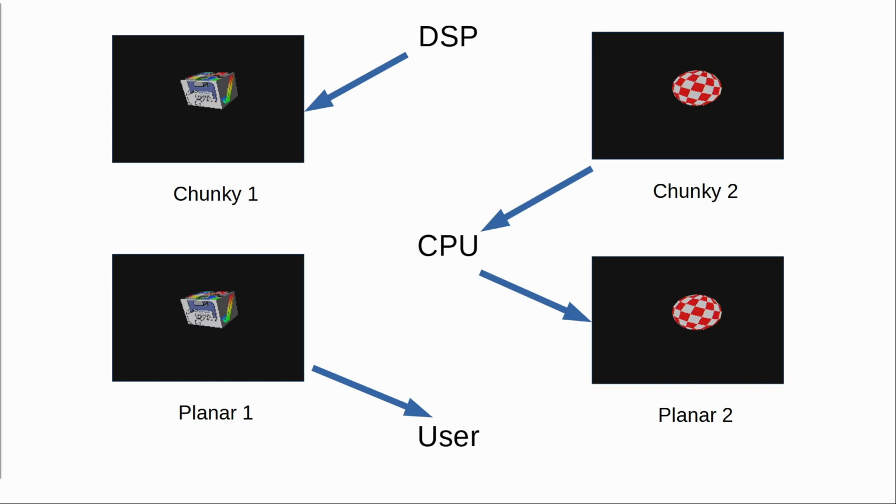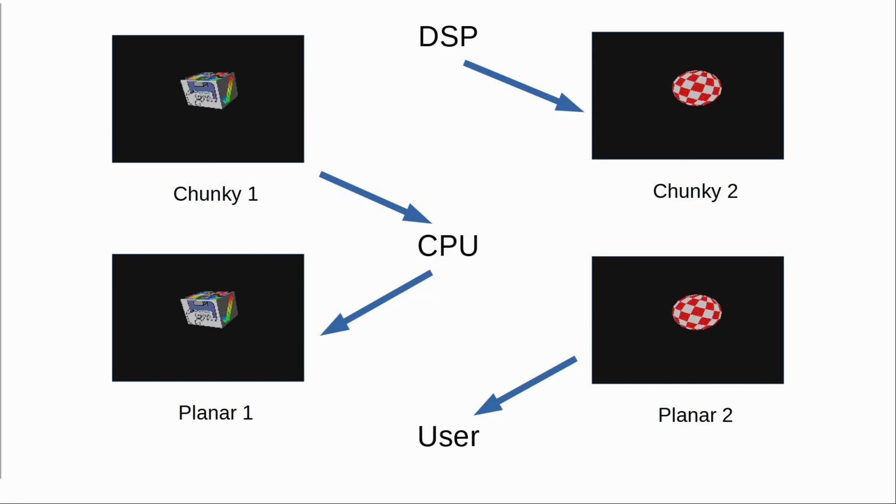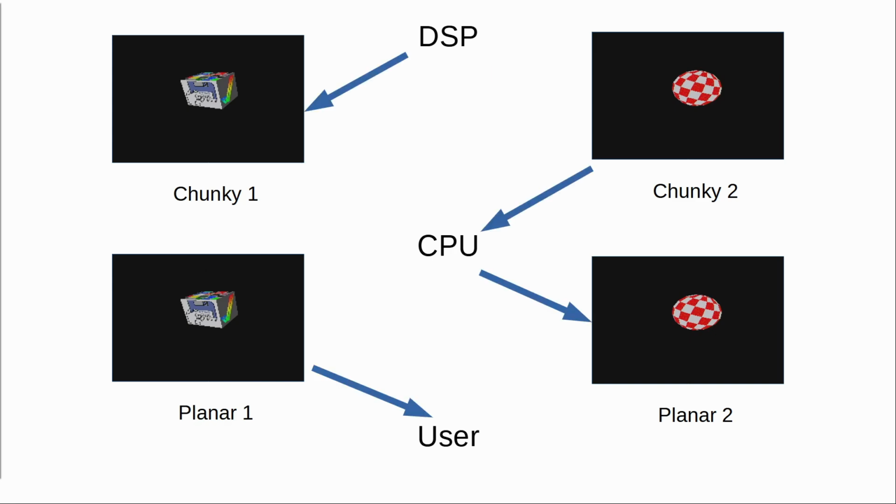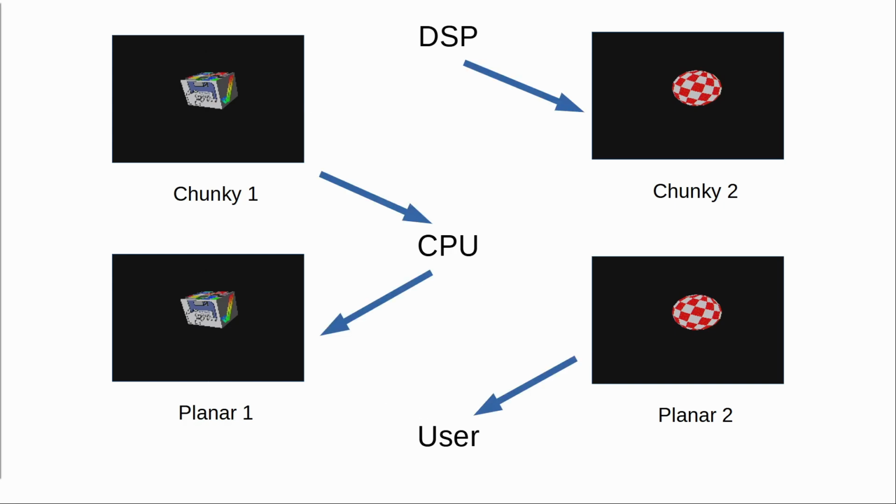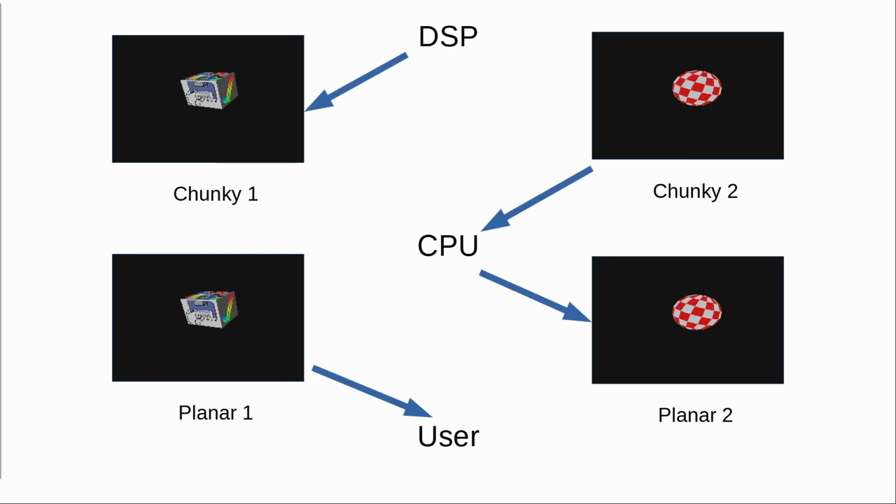So at that point the DSP renders the next frame into chunky 2, and the CPU goes about converting chunky 1 to planar 1, and the user at that point sees the fourth screen, planar 2. And as we go through the demo, that keeps switching backwards and forwards, so that at all times different screens are being worked on by the different chips, and the user sees the end output.